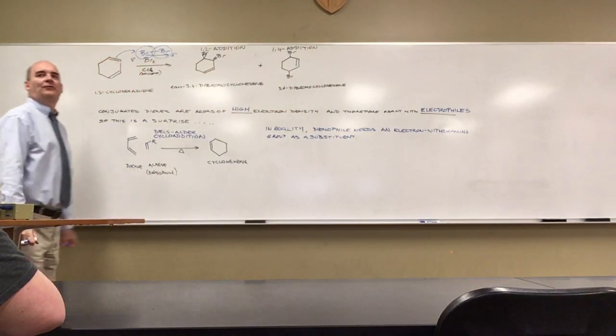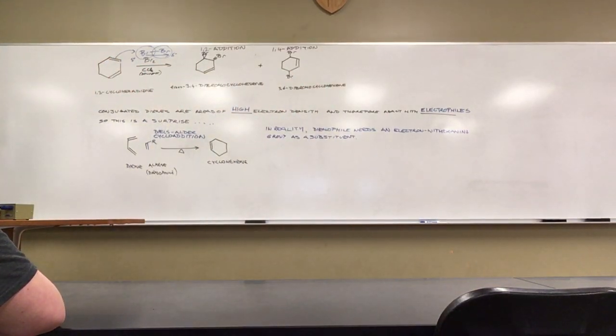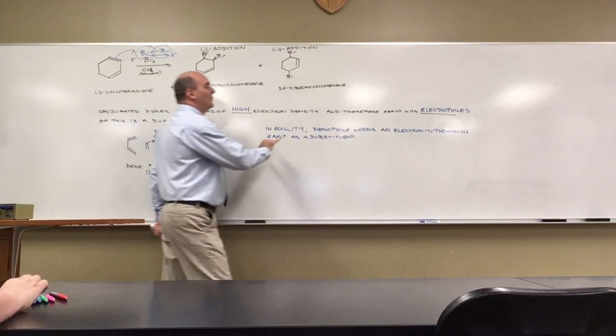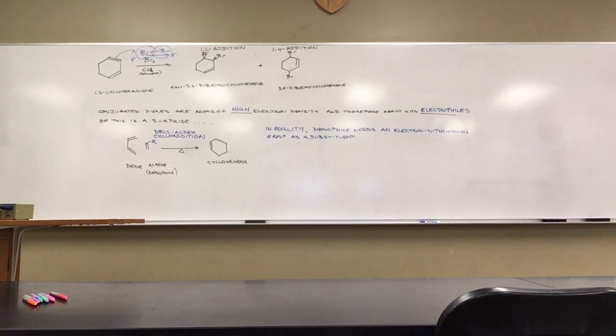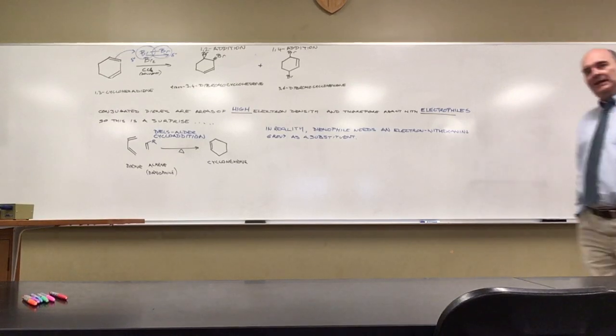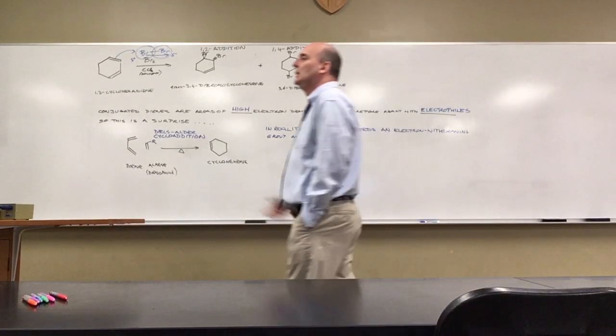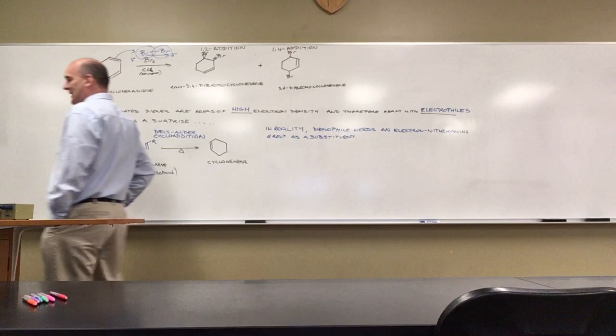All right, I got to figure out what an electron withdrawing group might look like. Don't scare them away. We have two types of substituent. Those that push electrons into our reaction, and those that pull electrons out.